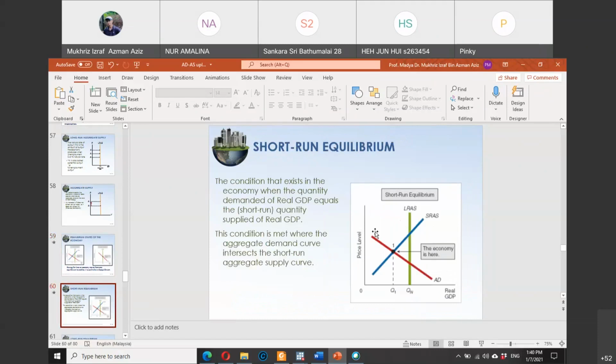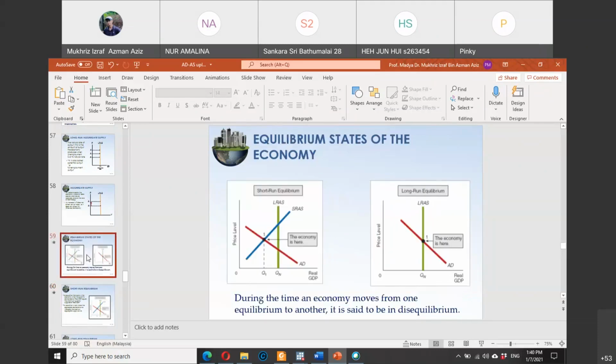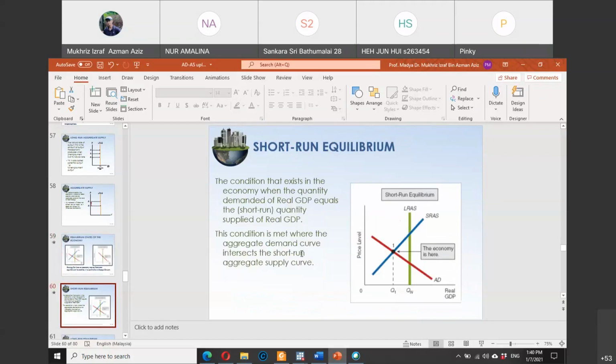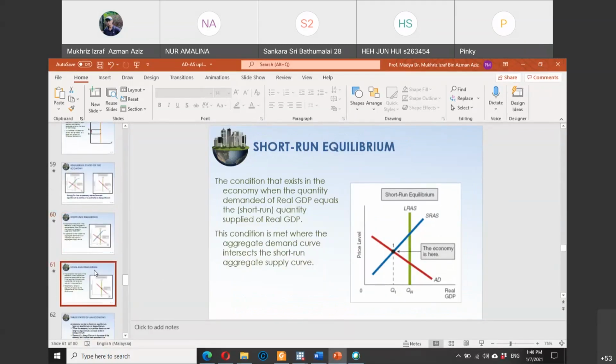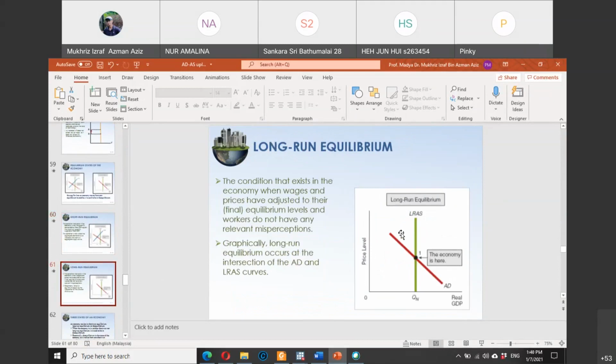Short run equilibrium, as we referred to on the previous slide, is similar here, when the SRAS intersects with the aggregate demand curve. Here is the long run equilibrium, when the long run supply curve intersects with the aggregate demand curve.